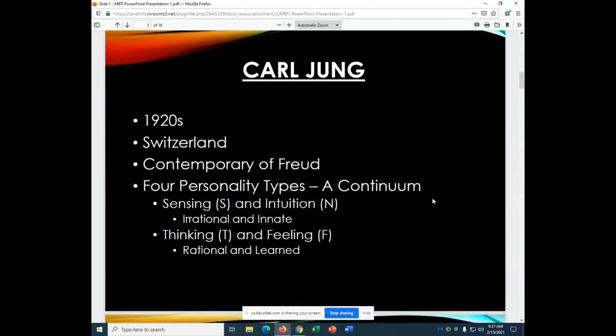Here are some common historical elements about the different types of personality theory. It's actually been around since the ancient Greeks, and they have been using it in a lot of different ways. It really got formalized by Carl Jung from Austria back in the 20s.